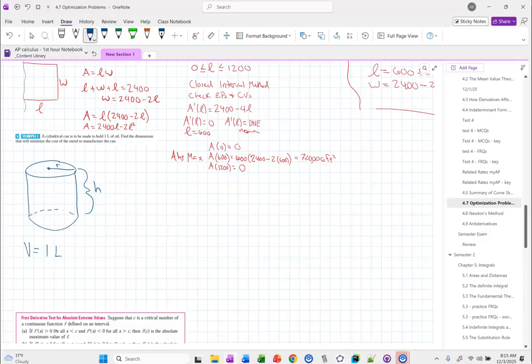Now, I probably don't want to write this volume as 1 liter. Our textbook tends to be kind of nasty about units. Because it asks for the dimensions of the can, and a liter isn't something that has an obvious linear unit parallel to it. My chemistry aces in here, 1 liter is what? 1,000 milliliters.